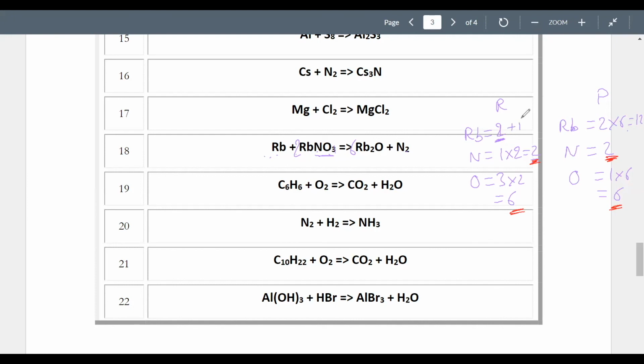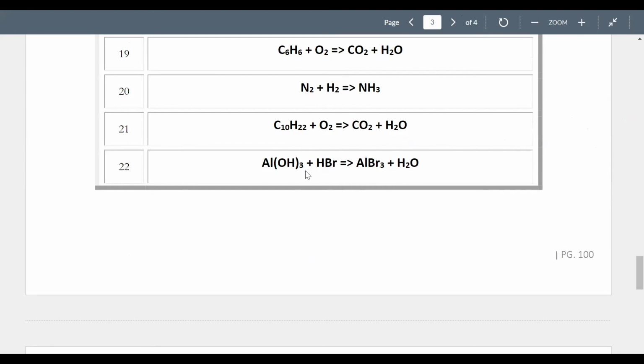So we can just multiply this by 10. Then it's going to be 12 on this side and 12 on that side. So we will have 12 over here and 12 over here. And it looks like all of the atoms are now balanced. So let's clear this out, and I am sure you can do the rest.